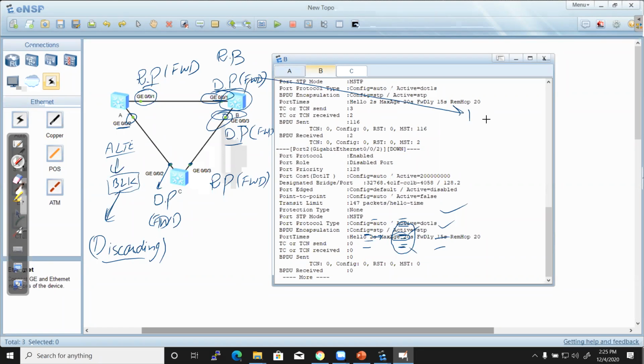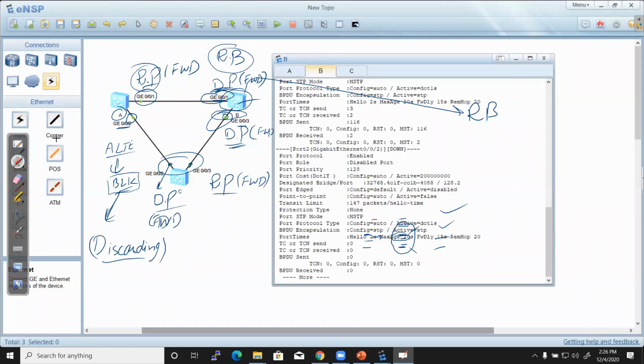You can see no other switch has both ports as designated ports; one is acting as a root port and one as a designated port. And in switch A, one port is acting as a root port and the other port is in the block state. So this is switch B, which has both ports acting as designated ports. Such a switch with all the ports elected as designated ports is called the root bridge.